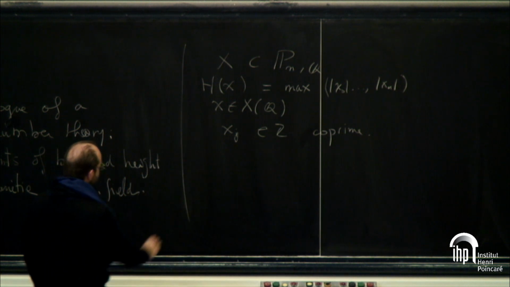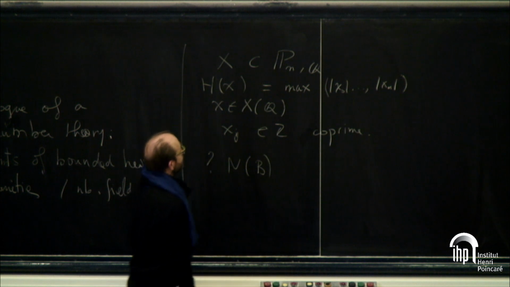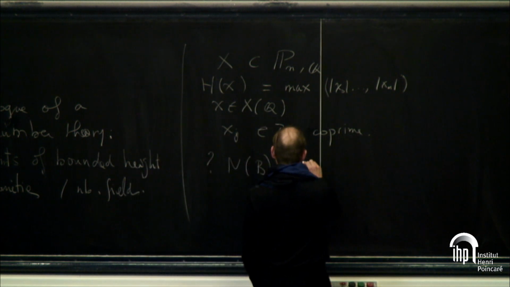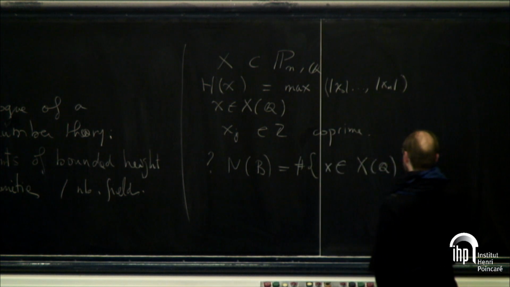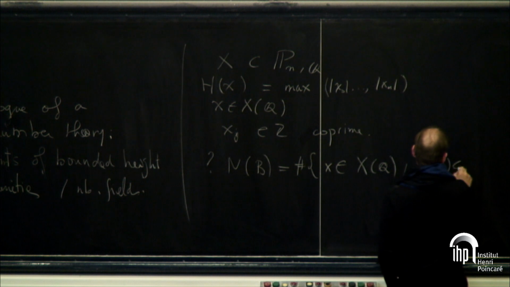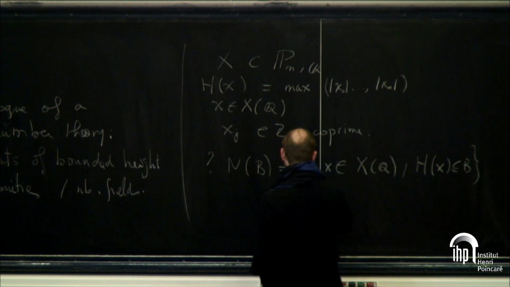Then the question is, what can you say about the function of a variable B, N(B), which is the number of rational points of X whose height is smaller than B, when B goes to infinity.